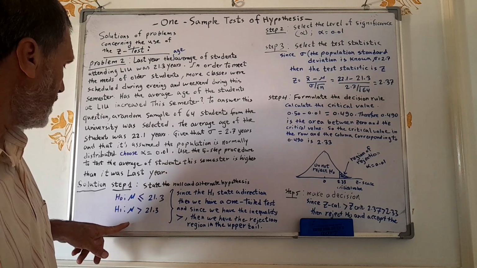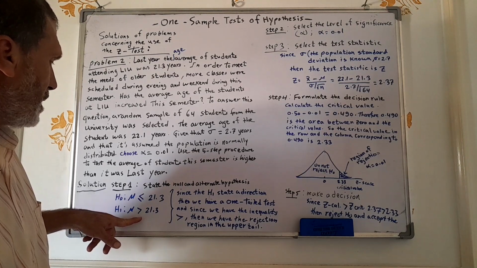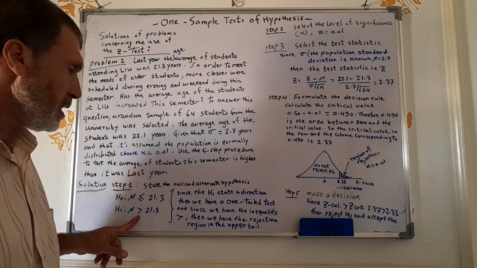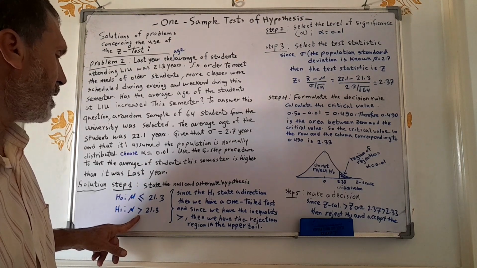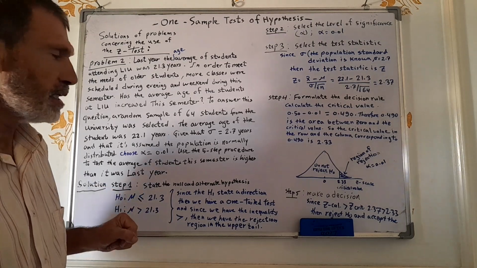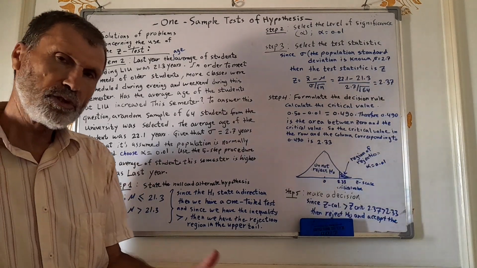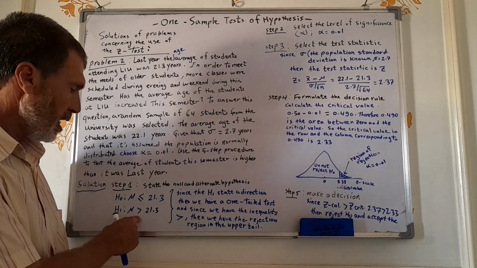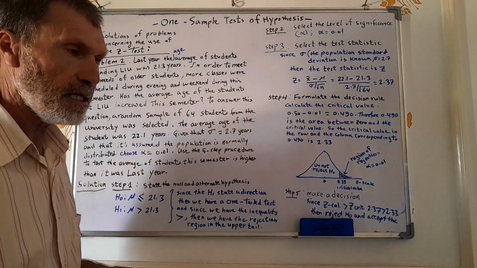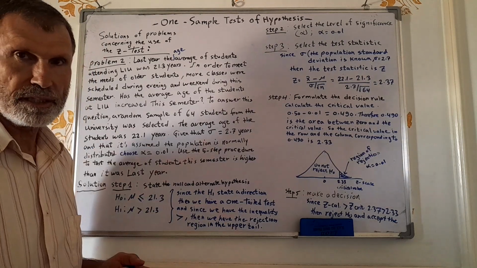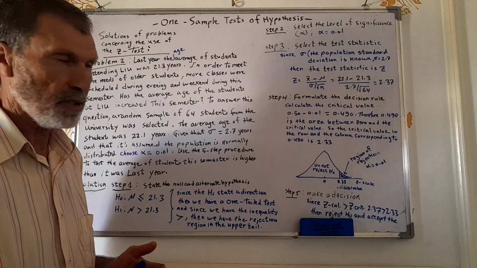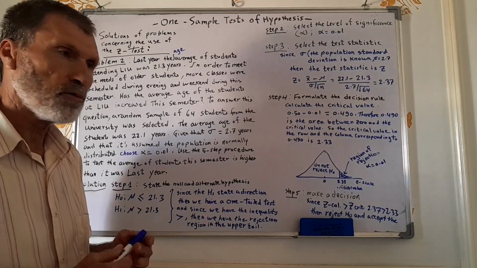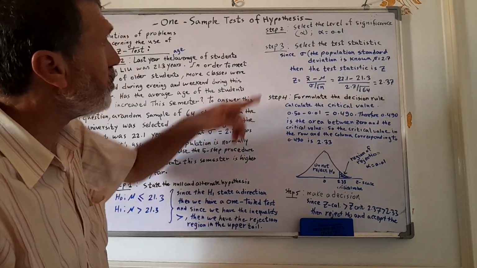Since the inequality sign in the alternate hypothesis is greater than, we have the rejection region in the upper tail, to the right of zero, because we have a standard normal curve. Now we move to step 2.